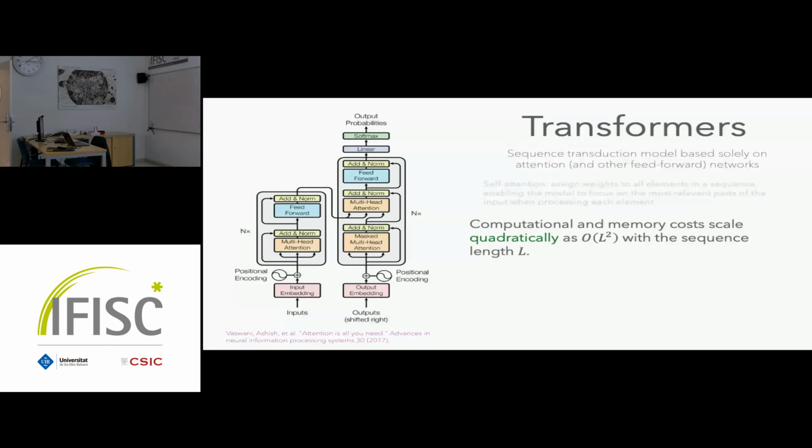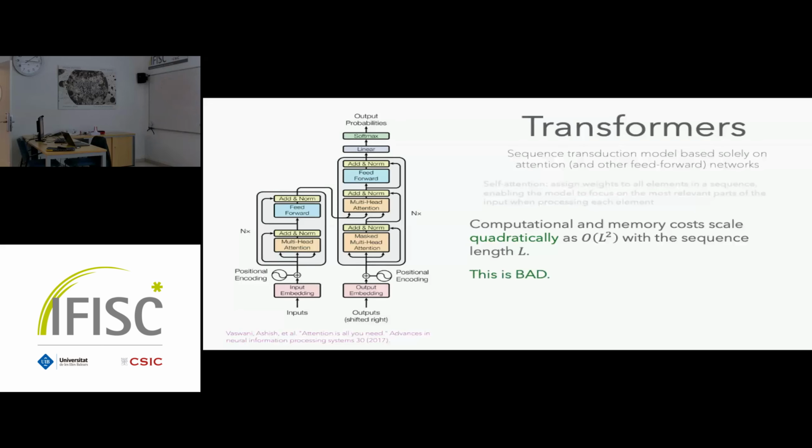But anyway, the point is that when you actually want to use this, you pay a cost in time that is quadratic with respect to the length of the sequence. Not only in training, but crucially also in inference. So if you want to do inference on a very long sequence, every time you have to pay this cost.